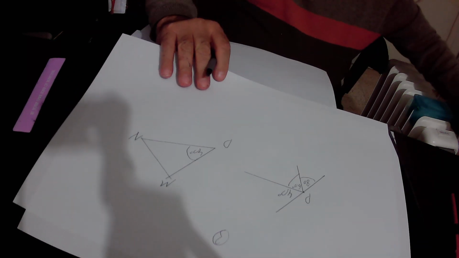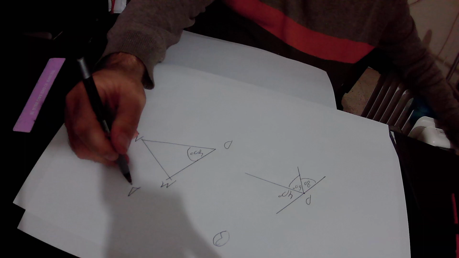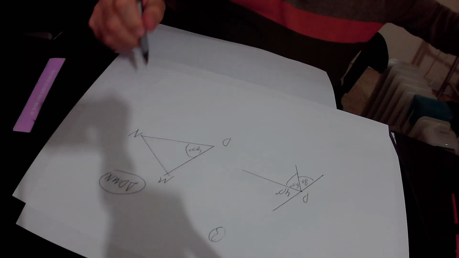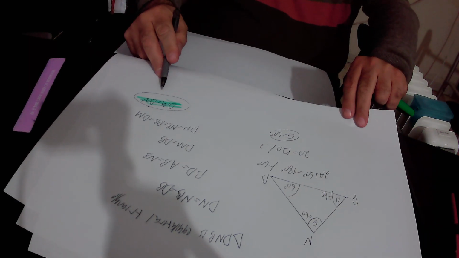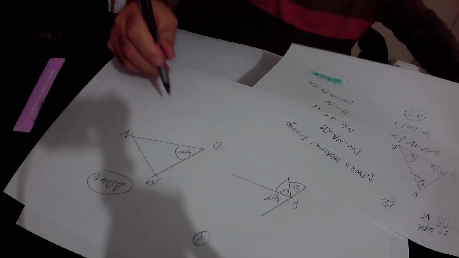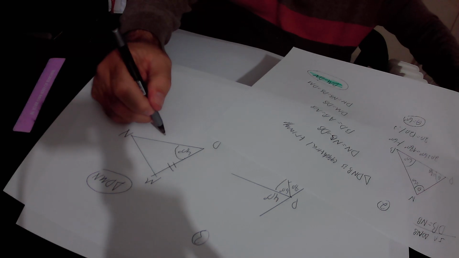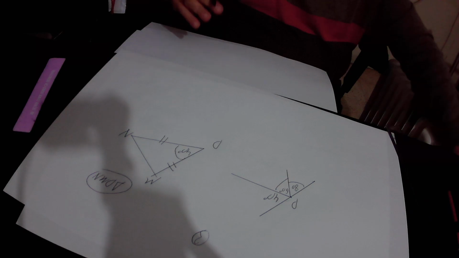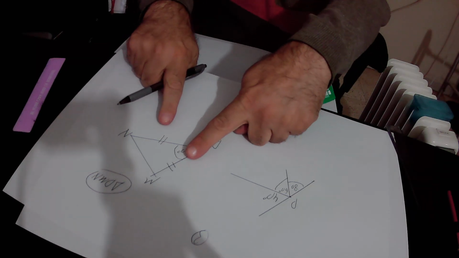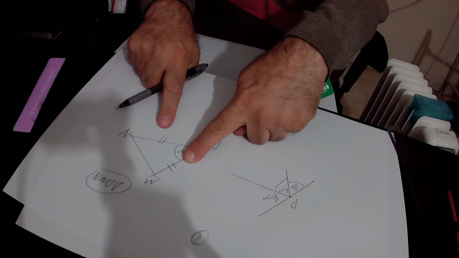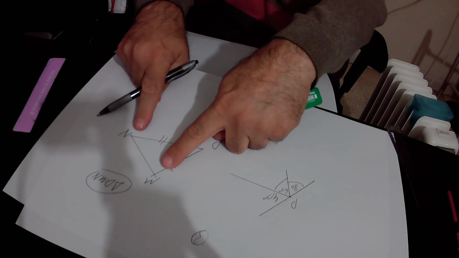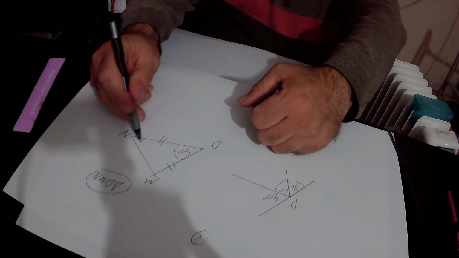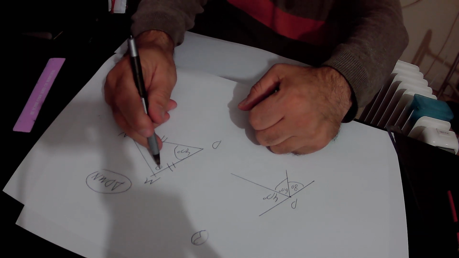We have already found out that DM equals DN, and again we have the rule that in front of equal sides in a triangle there are equal angles. Those two equal sides are located in front of those two angles, so those two angles must also be equal to each other. So if one angle is theta, then the other angle must also be equal to theta.